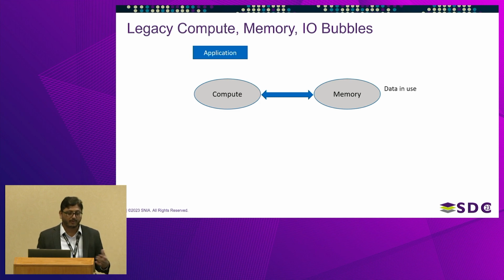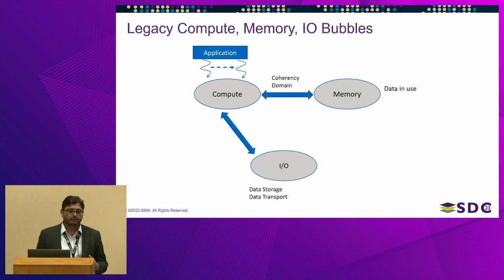That's the data in use memory. If an application needs to scale, you get more threads, more cores attached to it. Typically, the compute and the memory are in a coherence domain. That's historically been the case for performance reasons, because that's where the near memory for the compute is.